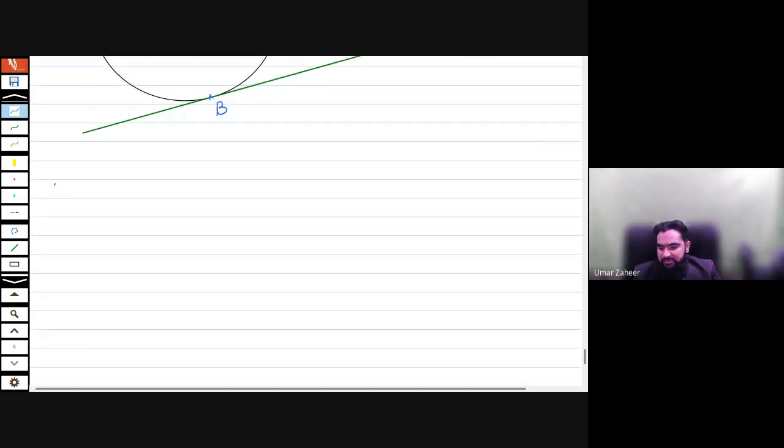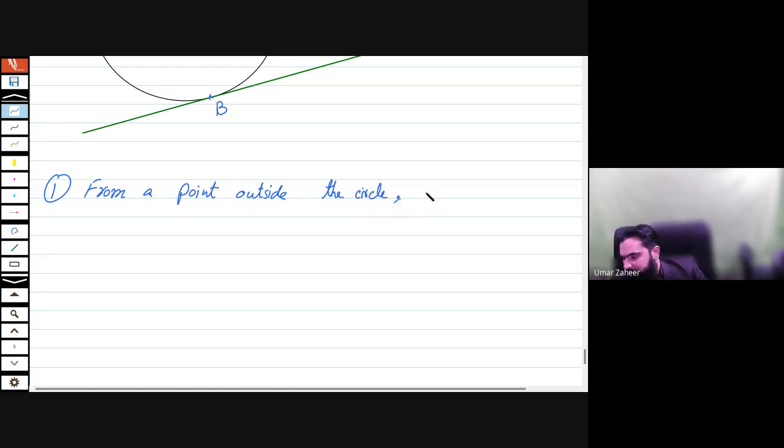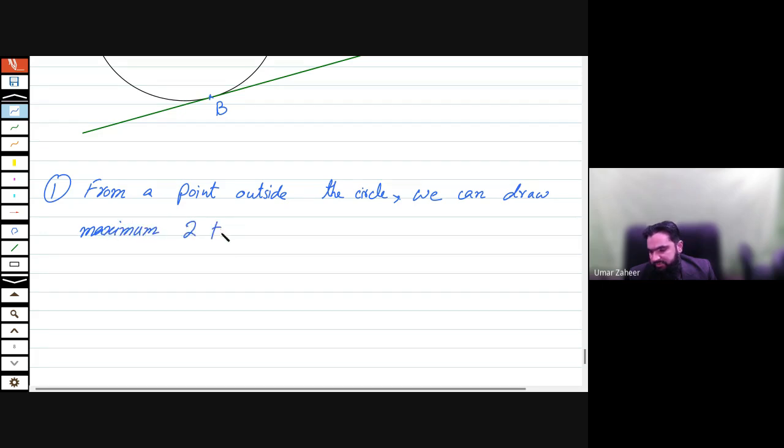So the first property is: from a point outside the circle, we can draw a maximum of two tangents.